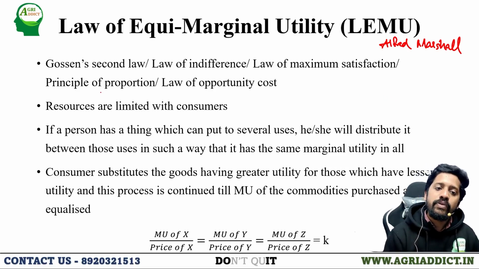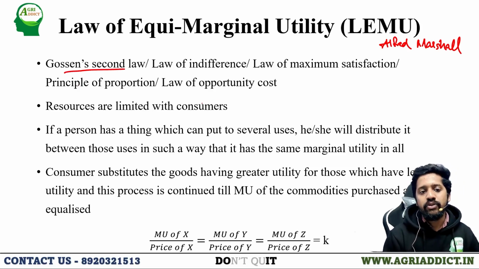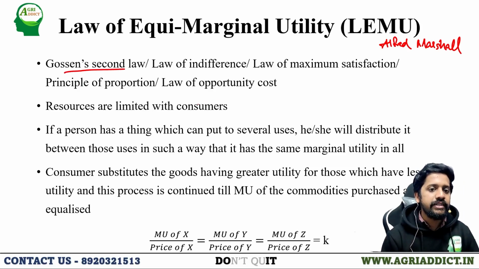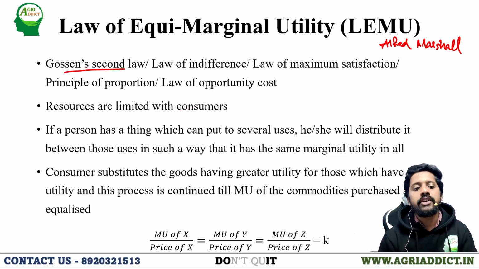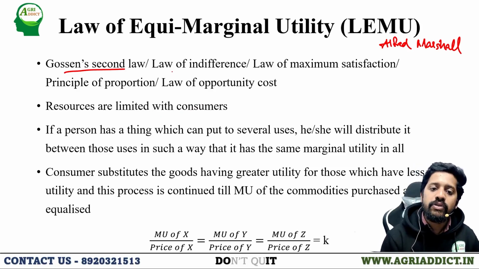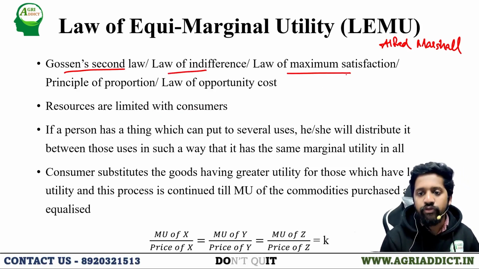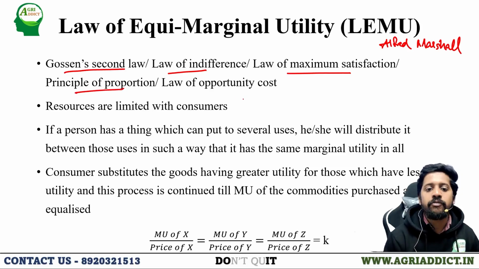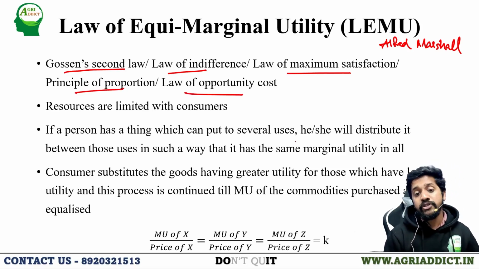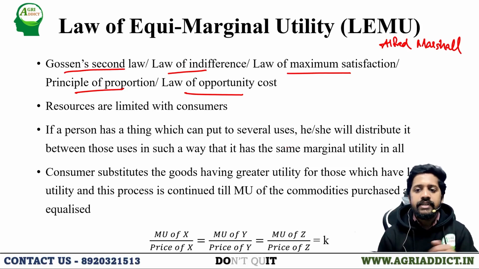And since Gossen formulated this law for the first time, it is also known as Gossen's second law. So the law of diminishing marginal utility is Gossen's first law, and the law of equimarginal utility is Gossen's second law. It is also known as the law of indifference, or law of maximum satisfaction, or principle of proportion, or law of opportunity cost. These are some synonyms of the same law.